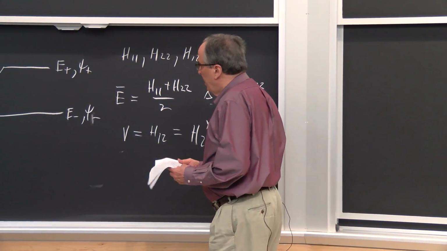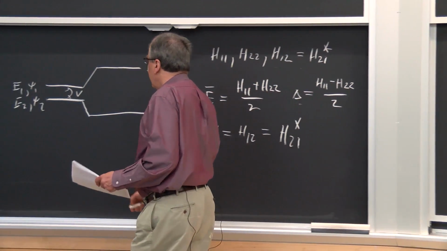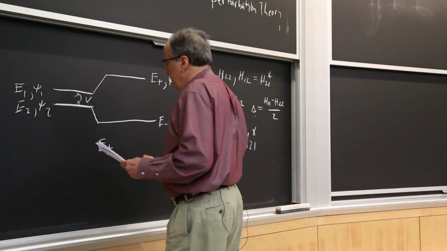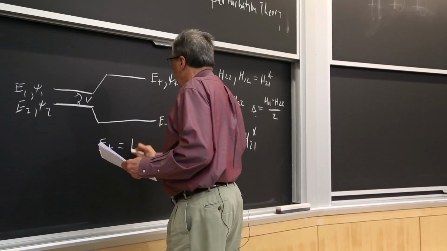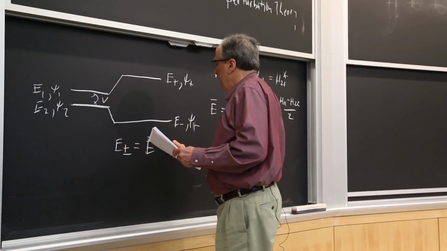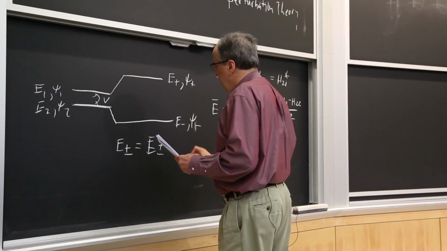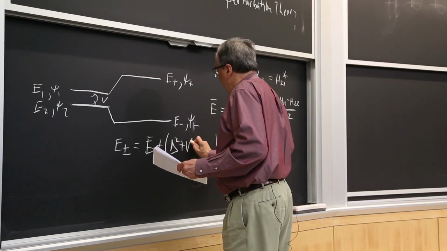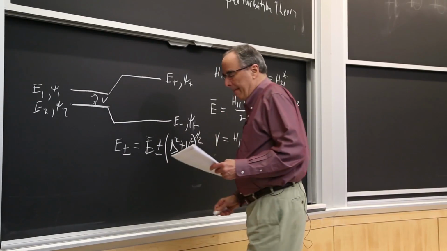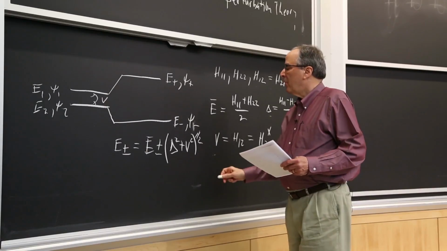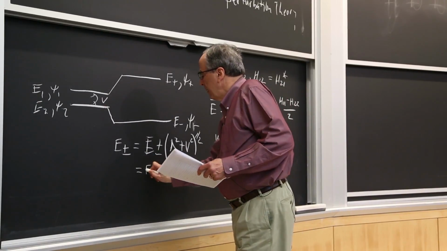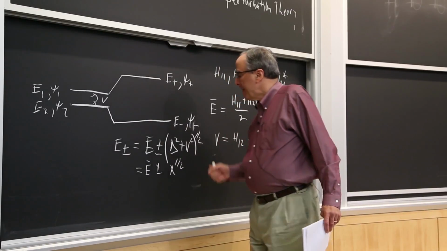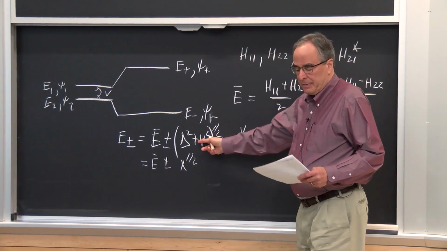Okay, so for this two-level problem, the energy levels are given by E bar plus or minus the square root of delta squared plus V squared, or E bar plus or minus the square root of x, where that's x.